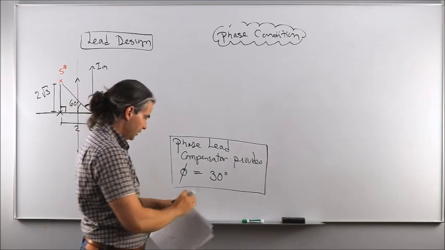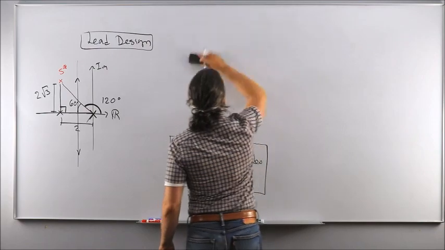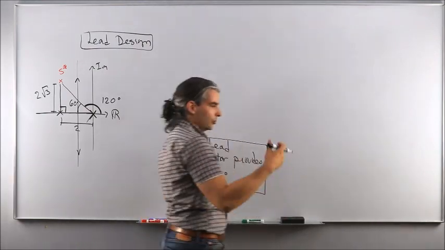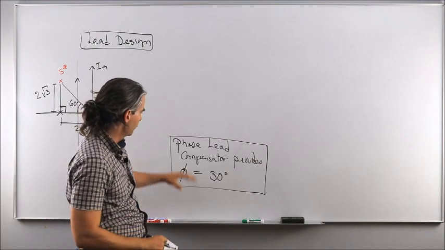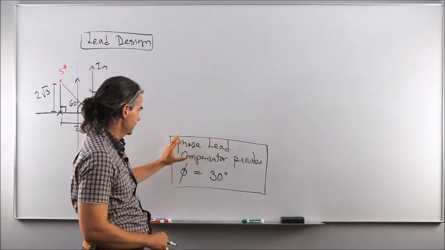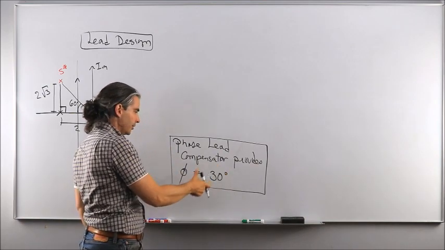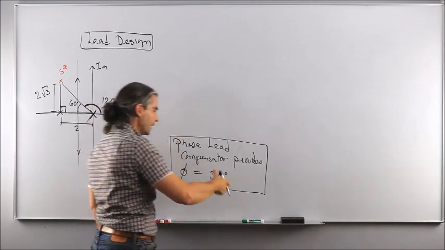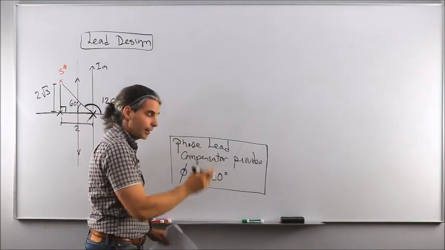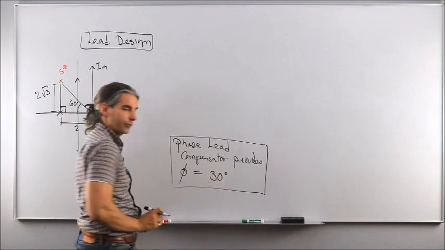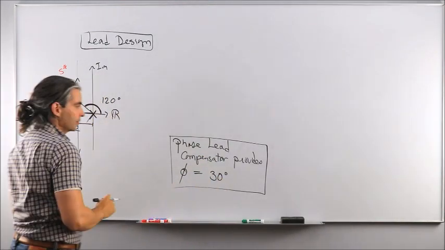Good, good, good. What now? Well, we know that the phase of a transfer function is the contribution of its zeros and its poles. So if we know that the transfer function of the phase lead compensator ultimately has to give me 30 degrees, that means that the zero's contribution and the pole's contribution of my phase lead all together have to provide me 30 degrees of phase, evaluated at S star, obviously.